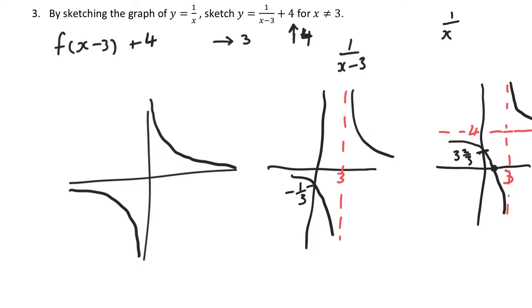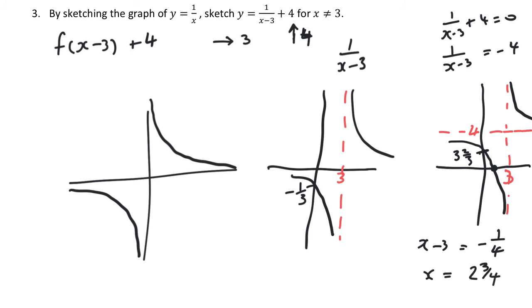So 1 over x minus 3 plus 4 equals 0. 1 over x minus 3 equals minus 4. So then x minus 3 is going to equal minus a quarter. So x equals 2 and 3/4. So that's the root of the graph.